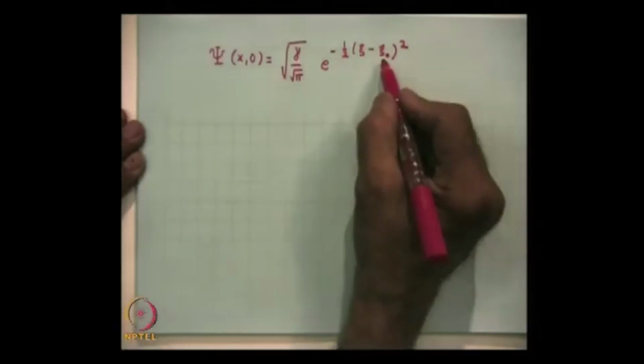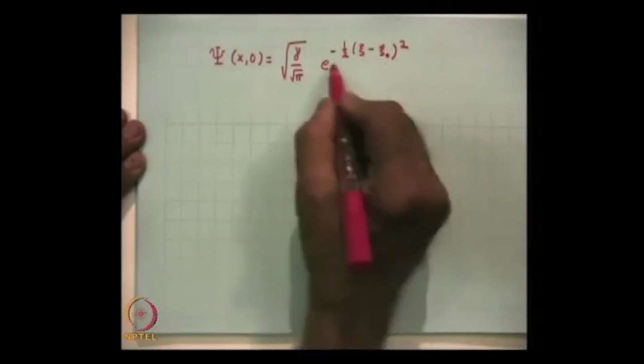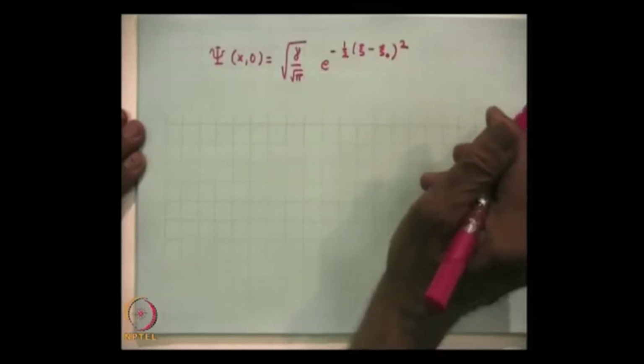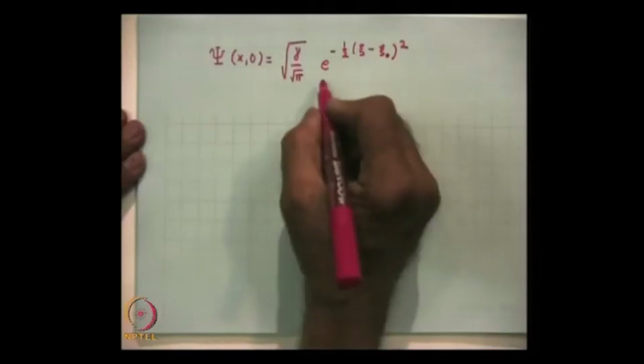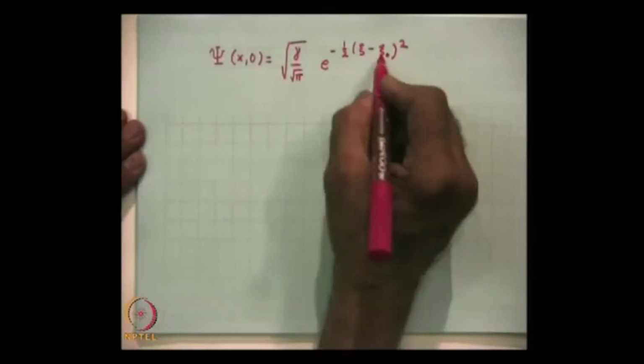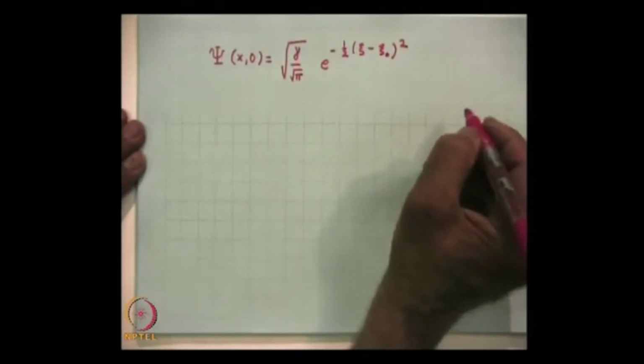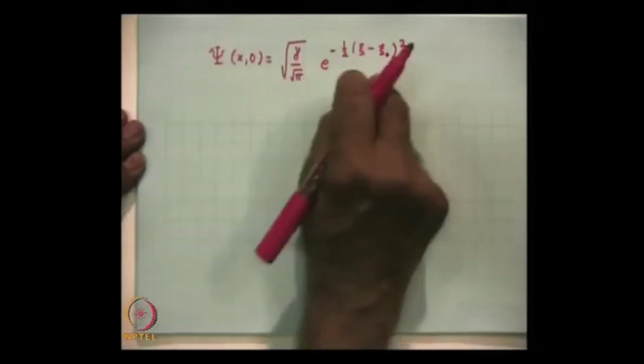If xi 0 is 0, then this is just the ground state wave function. But I assume that xi 0 is finite, and this is the initial state of the system.